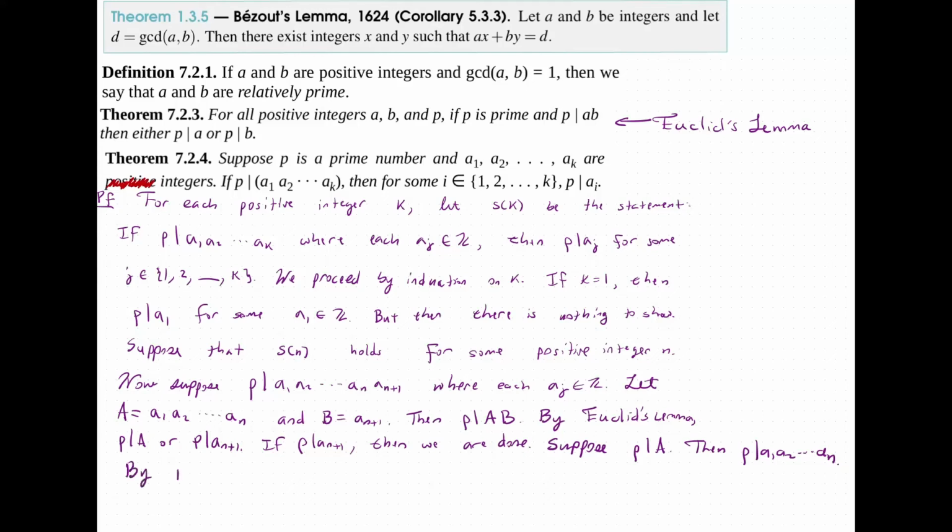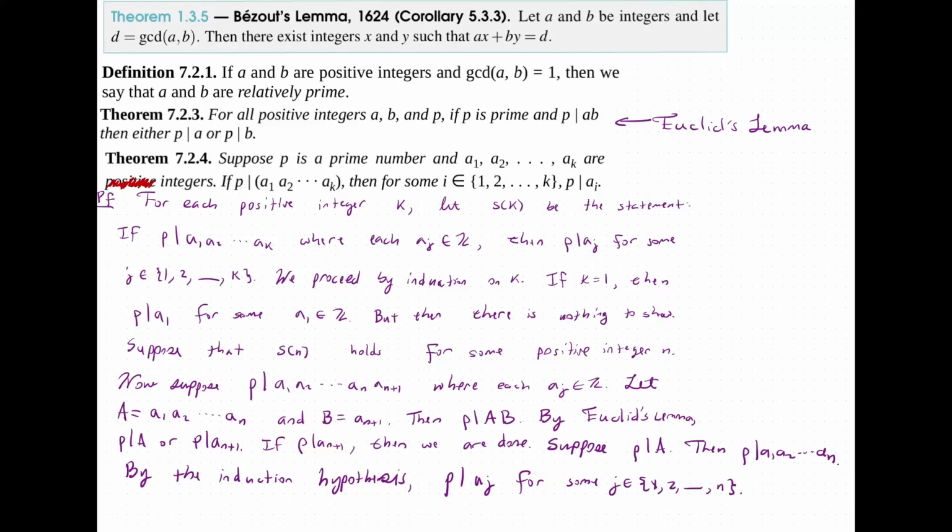So by the induction hypothesis, we get that p divides a sub j for some j, and now this j is going to be in the set 1, 2 all the way through n.